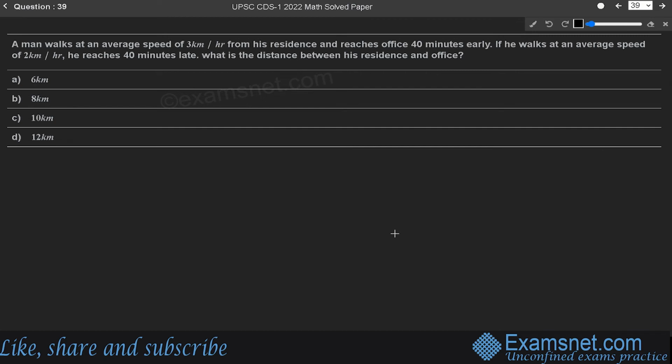So let us write the formula for it. We know that total distance is equal to speed into time.